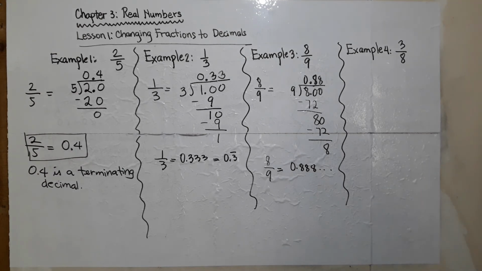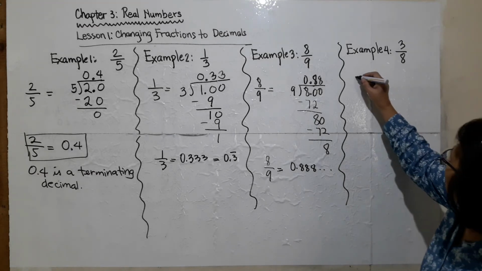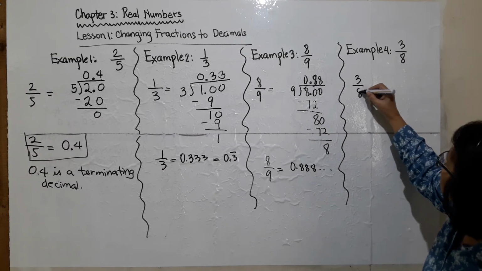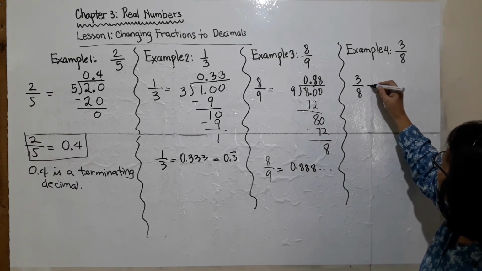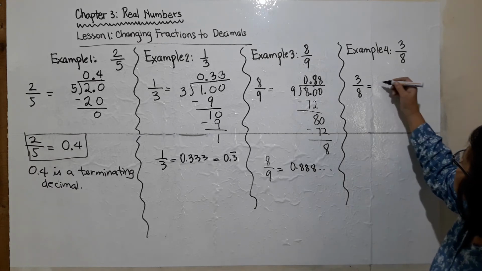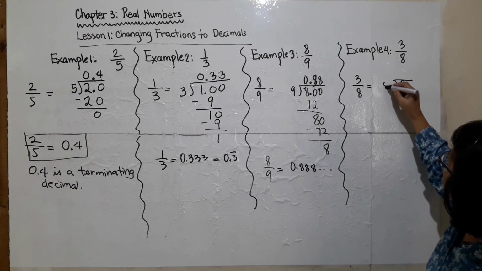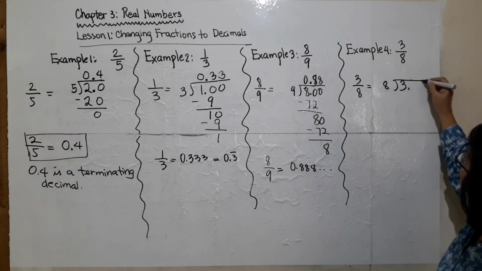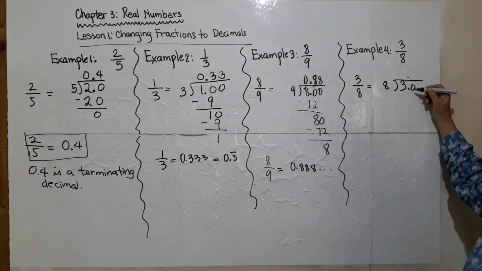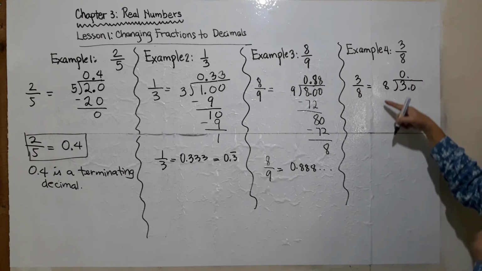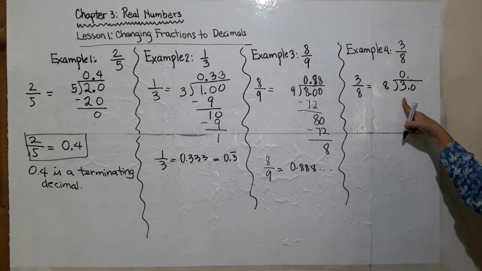What about example 4? For example 4, we have 3 over 8 equals 3 in the dividend, 8 in the divisor, point, 0, point. We cannot get 8 from 3, so you put 0. Multiply 0 times 8, 0.